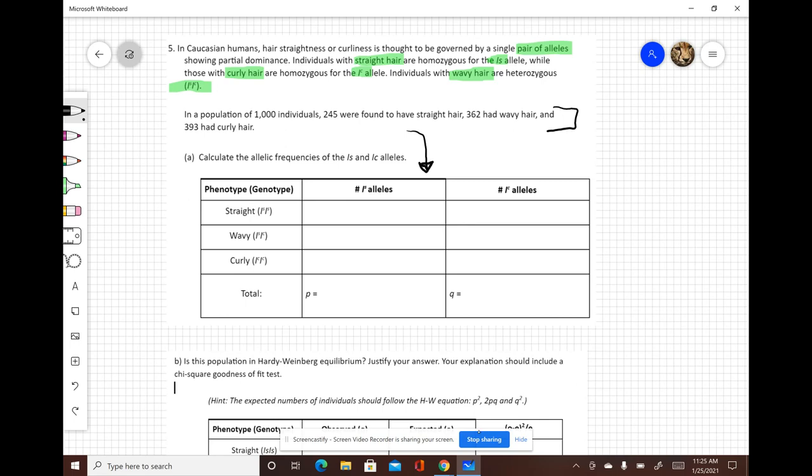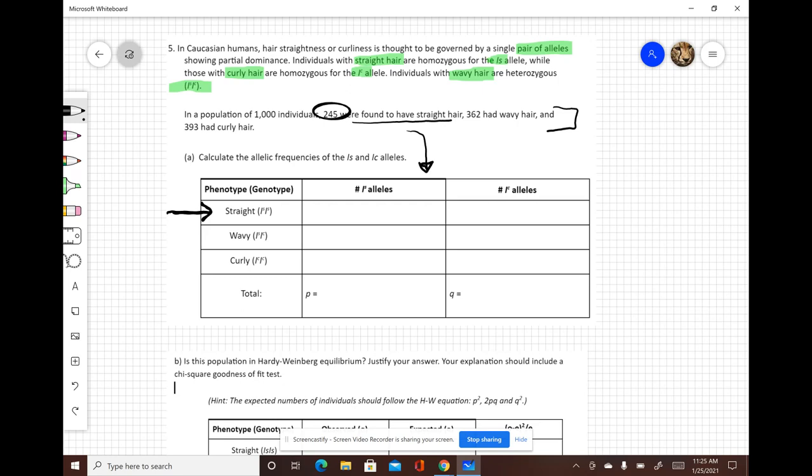So if we know that there are 245 of them who have straight hair, we're going to be working off of this row here for straight hair, and that's associated to the S allele. Each of those individuals are going to have 2 S alleles because they have straight hair. They're homozygous dominant for that allele.